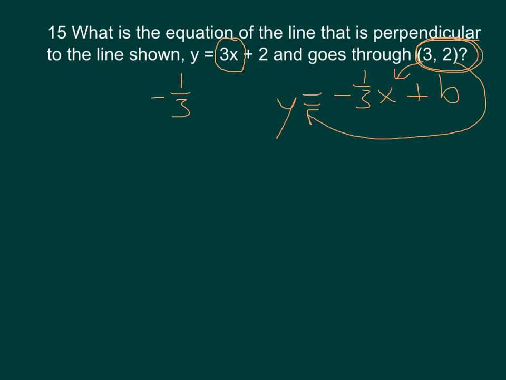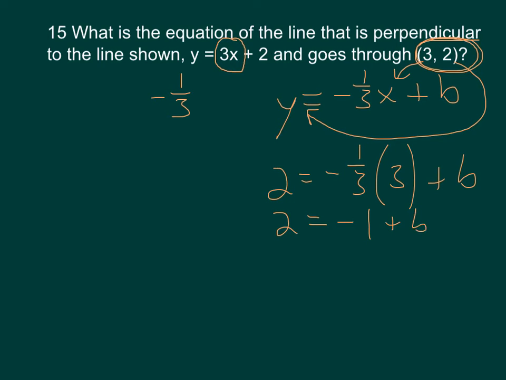for x and y. And we get 2 equals negative 1/3 times 3 plus b. 3 over 3 is just 1, so I have negative 1 plus b. I will add 1 to both sides to get rid of that, and I get 3 equals b.